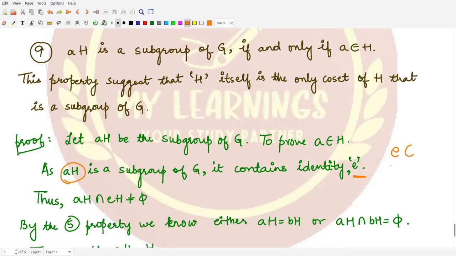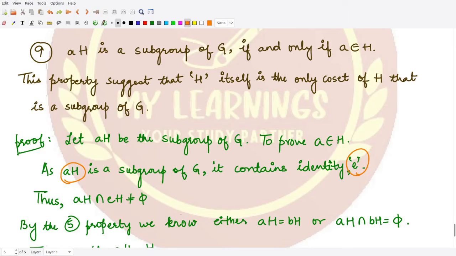This is given in the question that H is a subgroup. So AH is a subgroup, it contains E, moreover H contains E, so EH would also contain E, so their intersection would contain one element, which is E, the identity element. Therefore the intersection is non-empty.